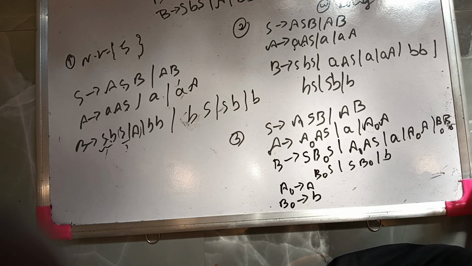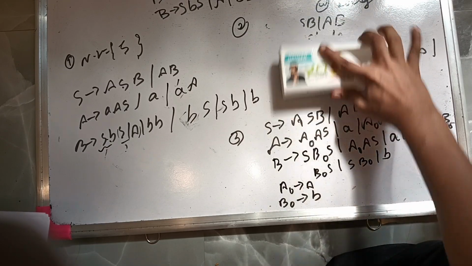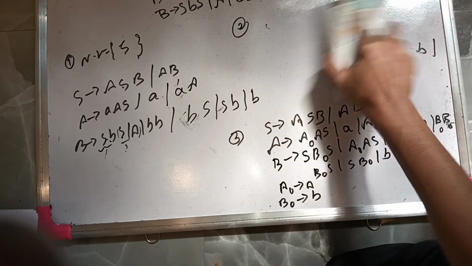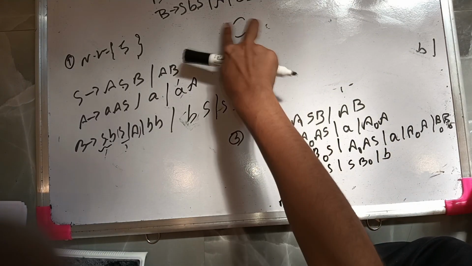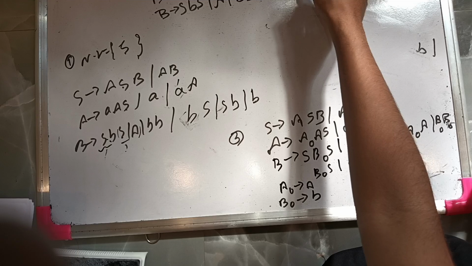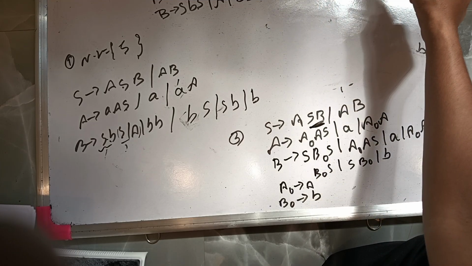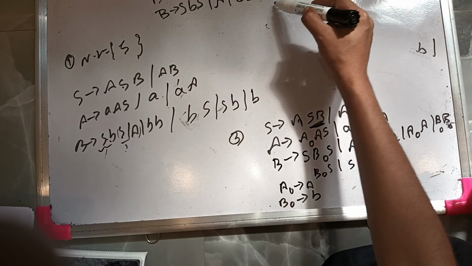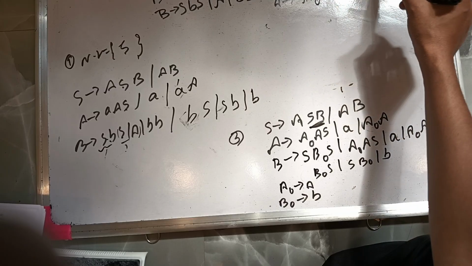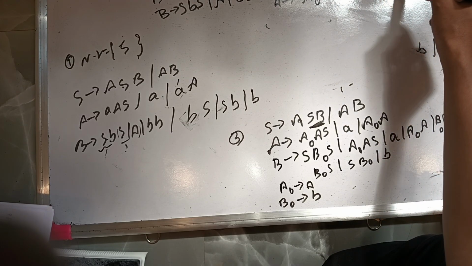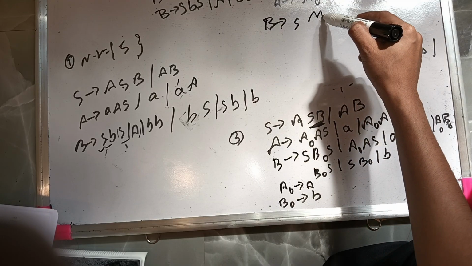In the fourth step, we need to remove long production. Long means what? Only 2 capital letters required. Here 3 capital letters are there. M1, AB is fine. S producing. Next A not AS means consider as M2. A not A is fine. Next B gives S, B not S means consider some M3.